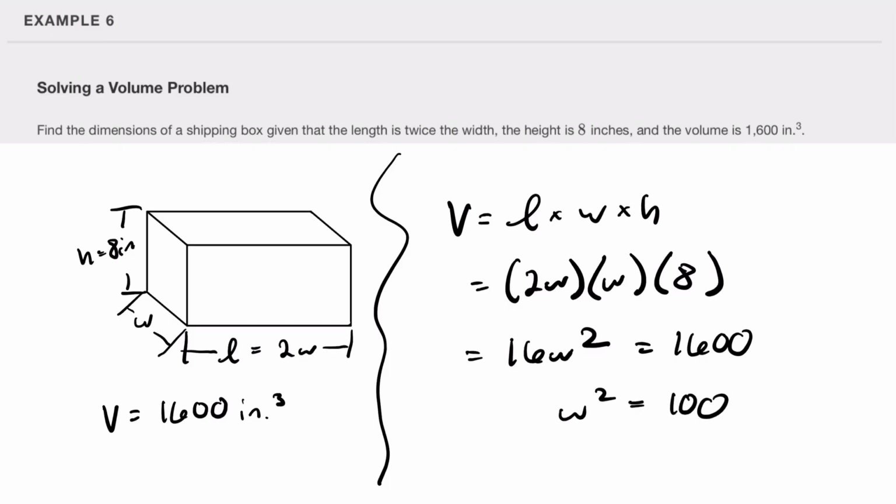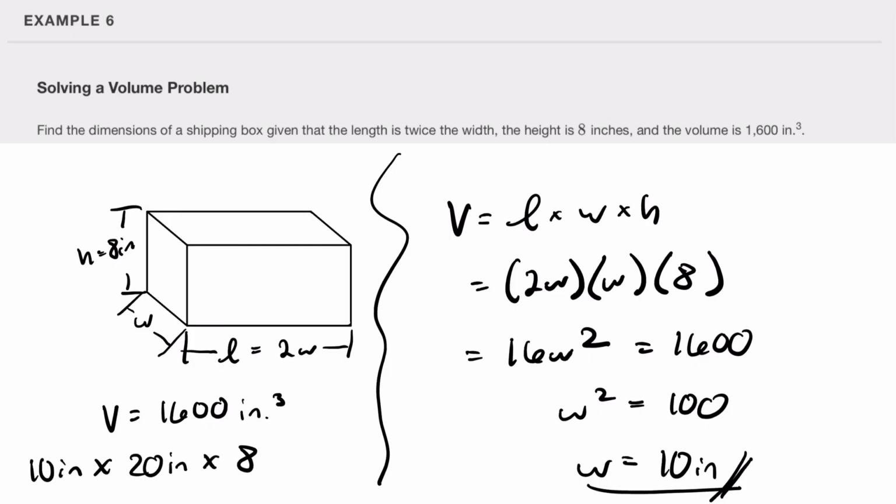Take the square root. Normally it would be plus or minus 10, but a negative distance doesn't make sense in this context, so we just take the positive result. So W should be 10 inches. It's going to be 10 inches by 20 inches by 8 inches. Those are the dimensions of the box.